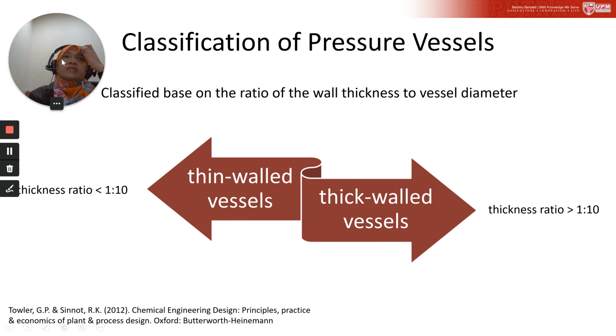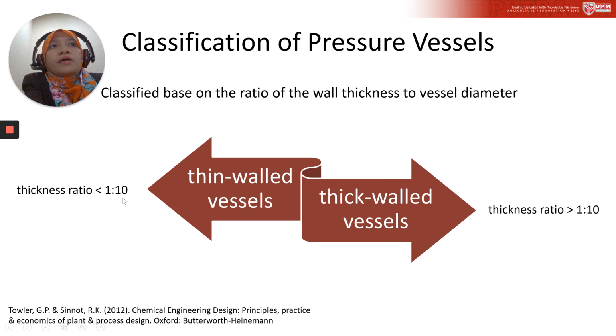Generally, the class can be where the ratio is bigger than 1/10. This is based on the ratio.